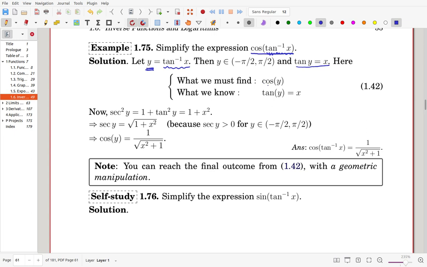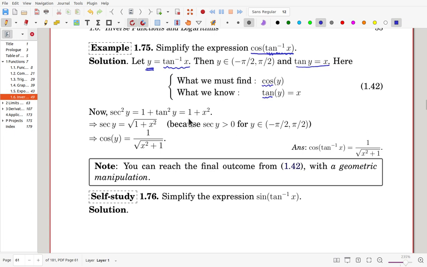So cosine and tangent should be related, and we have to use some formula involving cosine and tangent. One of the formulas is that sec is 1 over cosine, so sec squared y equals 1 plus tangent squared y. Now tangent y is the same as x, so this term can be written as 1 plus x squared.